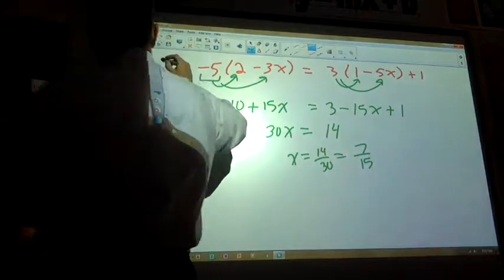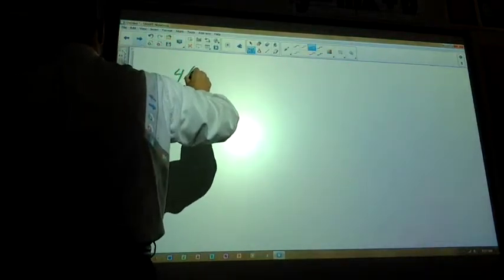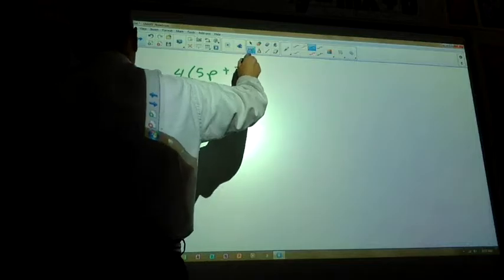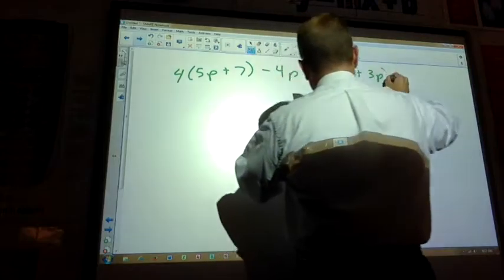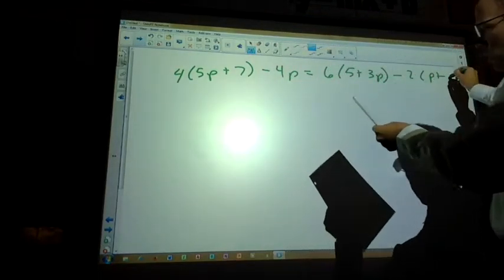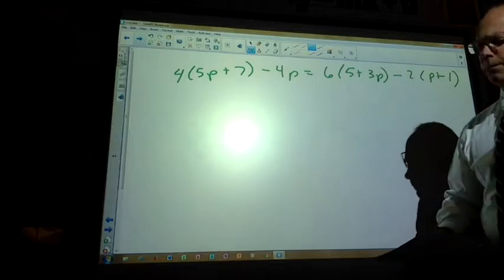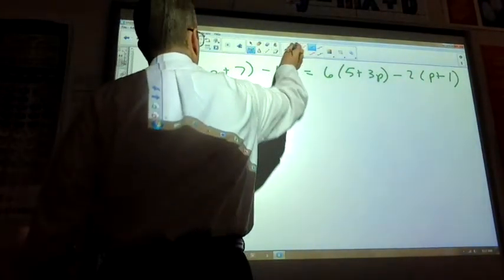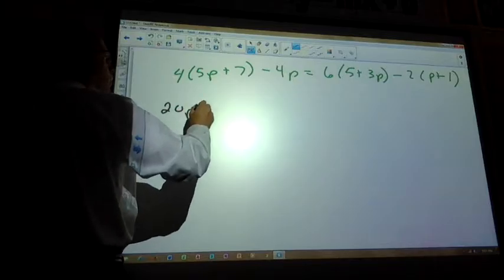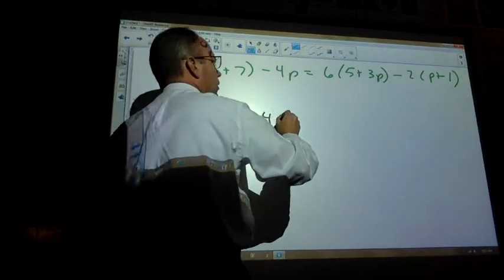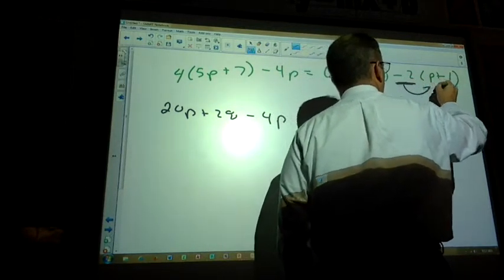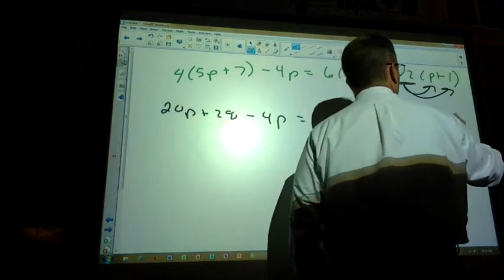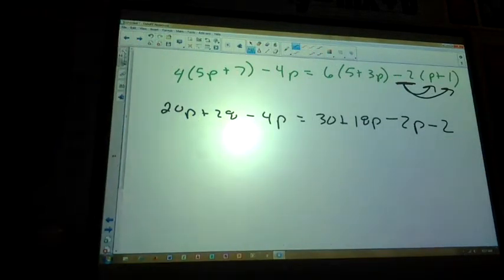All right, problem number 2. We got 5p plus 7 minus 4p equals 6, 5. Where's an error that could take place up here? Negative 2. Yeah, carry that negative 2.